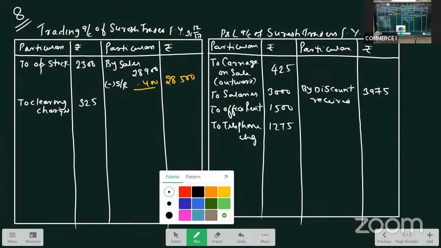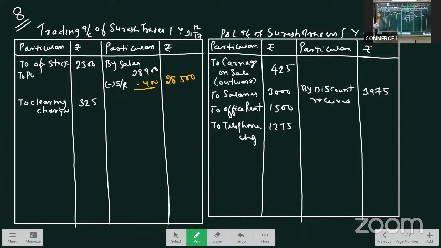From sales, we deduct sales return and the net amount we take in the outer column. Then we have purchases. Purchases are given as 13,700. Carriage on purchase is a direct expense. We take it here. This is also called carriage inward.